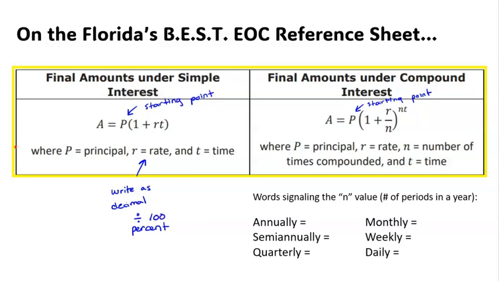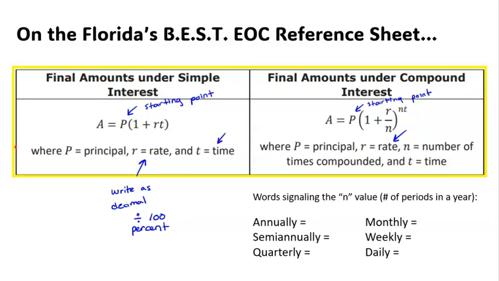There's 100 cents in a dollar, there's 100 years in a century, so divide by 100. So if you're not sure how to move the decimal twice and in what direction, you can always remember that percent means divide by 100. And so that goes the same for rate here as well.